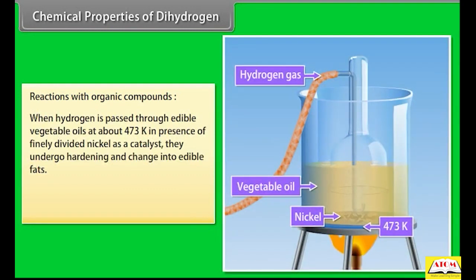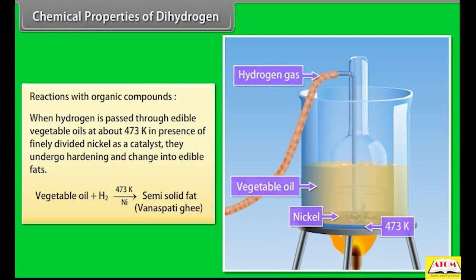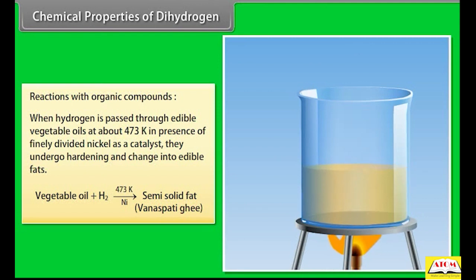When hydrogen is passed through edible vegetable oils at about 473 Kelvin in presence of finely divided nickel as a catalyst, they undergo hardening and change into edible fat.